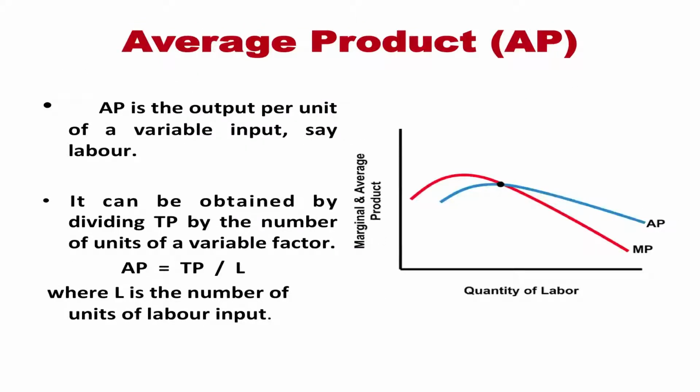Average product, that is AP, is the output per unit of a variable input, say labor. It can be obtained by dividing TP by the number of units of labor used. As shown, AP is equal to TP upon L, where L is the number of units of labor input.